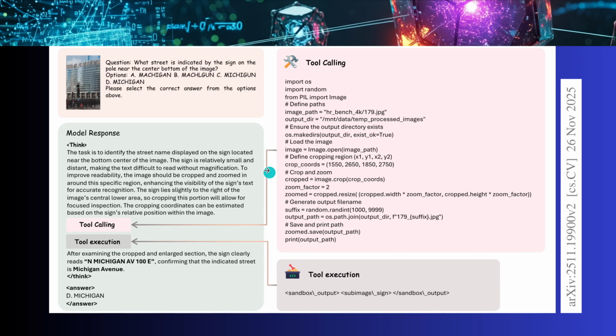Just read the text, because in the original image I could not read the name of this street. Bring it back, and then the LLM tells us, yes, I have it now, if you want the RAG system, it tells us, okay, this is Michigan Avenue. Beautiful. Done.